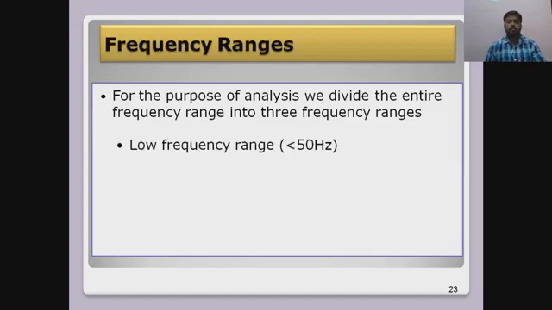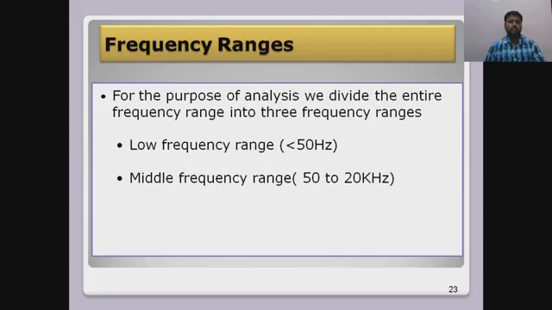The first is the low frequency range, which is less than 50 hertz. The second is the middle frequency range, which is between 50 hertz and 20 kilohertz. The last one is the high frequency range, which is above 20 kilohertz.